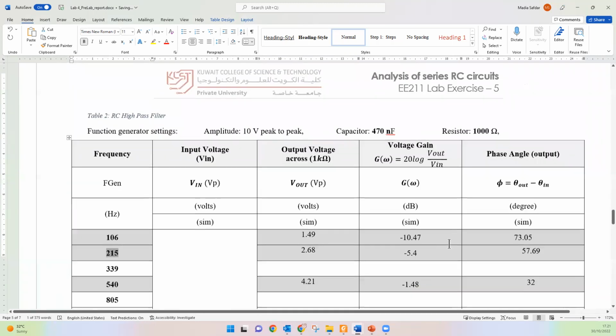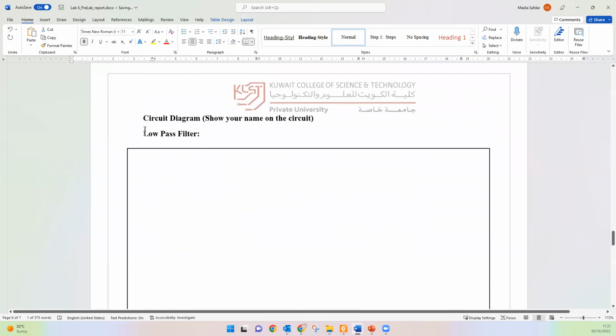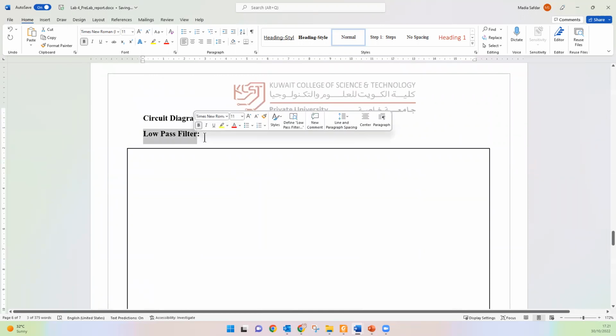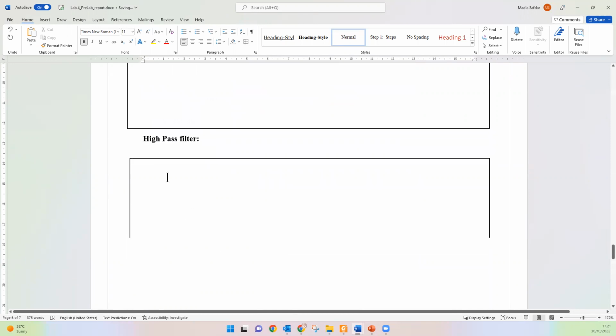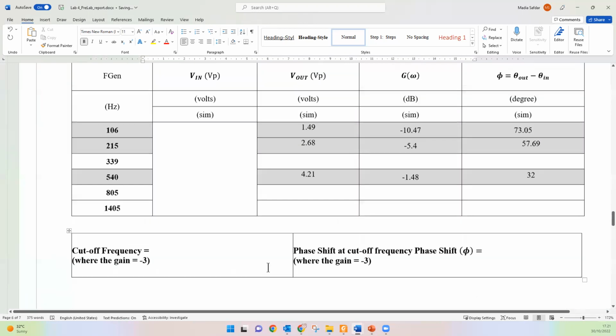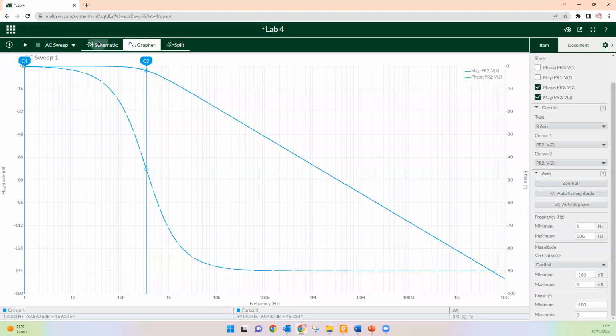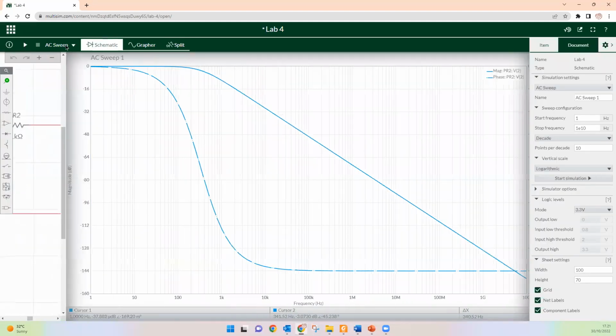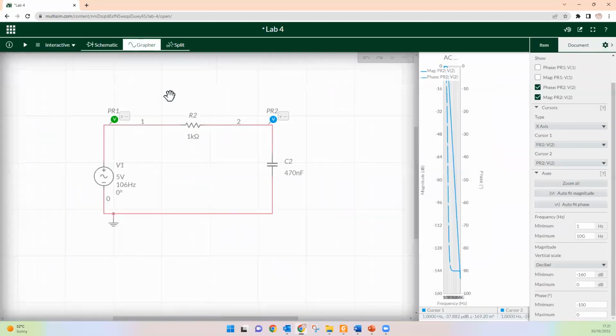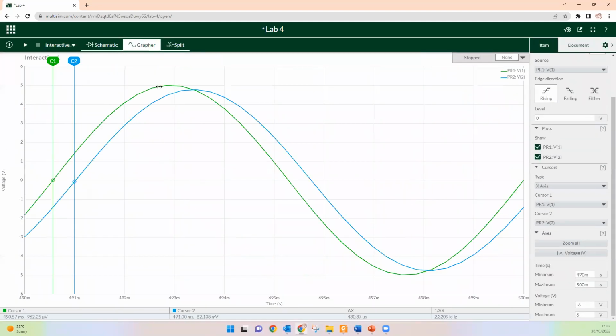Here you will do this simulation for the low pass filter, and for the high pass filter you will take one screenshot of this circuit, a second screenshot for this AC sweep analysis, a third screenshot with these phase cursors, and a fourth screenshot for the peak value.